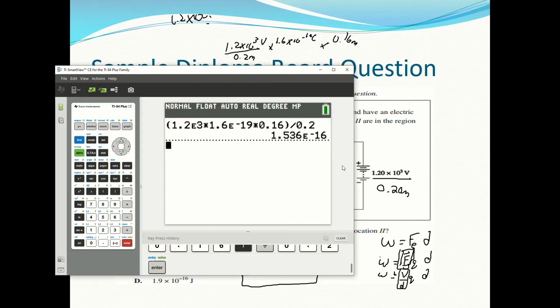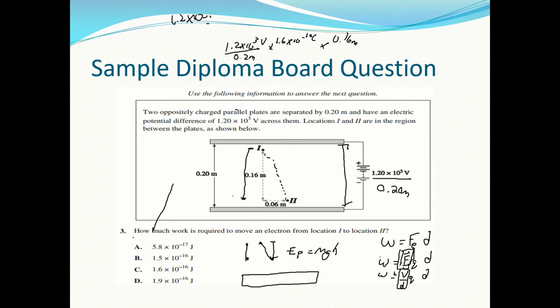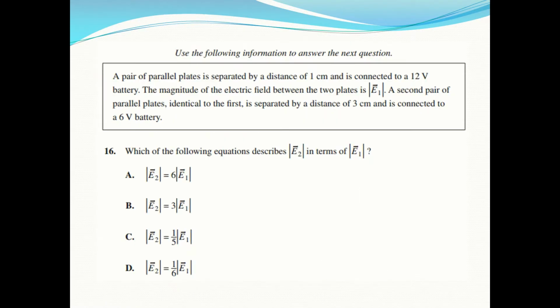Then you end up getting 1.536 times 10 to the negative 16, which makes B the correct answer. Okay, that's how you do that one.